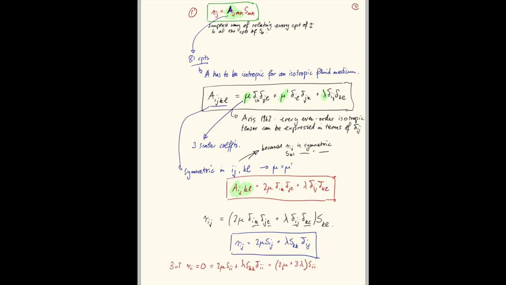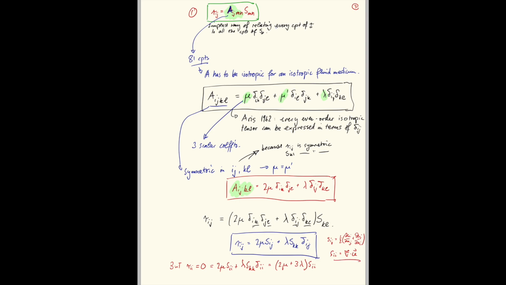Well, remember that Sij is a half dui dxj plus duj dxi. So Sii is nothing but the divergence of u. And we've shown that before.